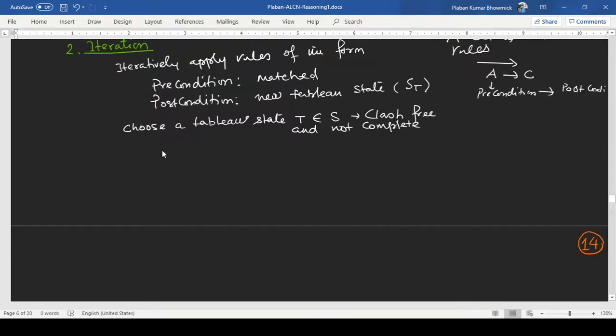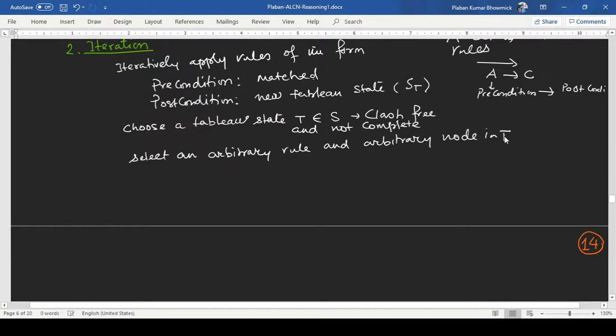Now, second, we select an arbitrary rule and an arbitrary node in T, right?